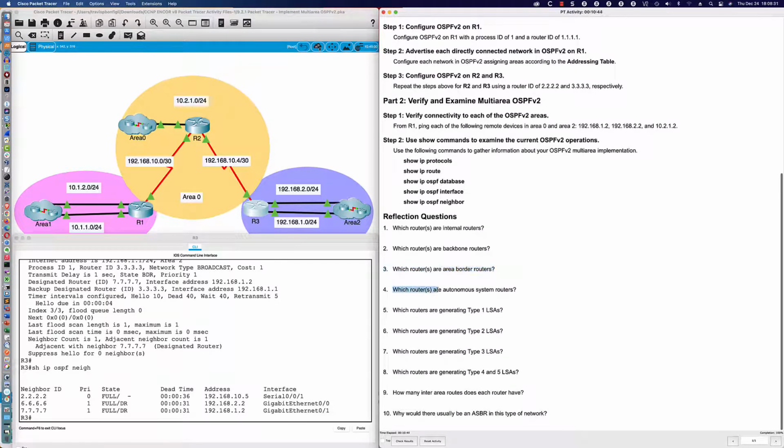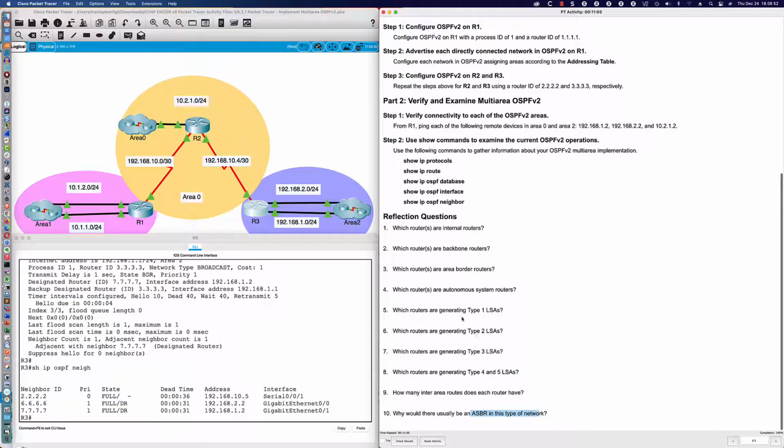Now, which routers are autonomous system routers? When you're reading this, I don't believe what they're asking for here is autonomous system boundary or border routers, ASBRs, because they ask about ASBRs further down.